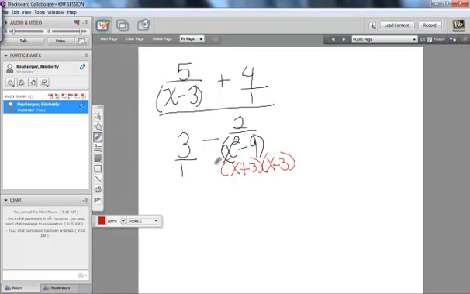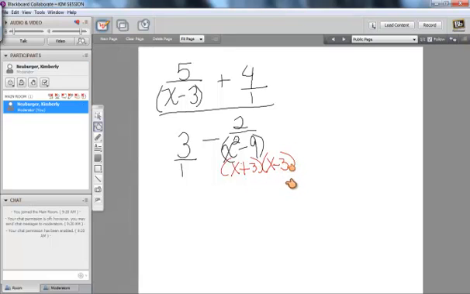Now, if we compare this denominator to that denominator, the common denominator for the entire expression is going to be an x plus 3 and an x minus 3.